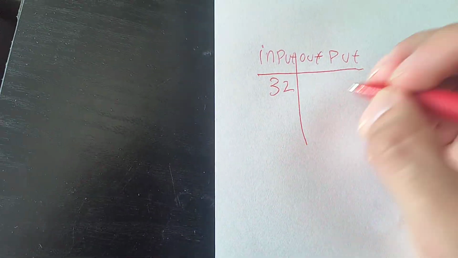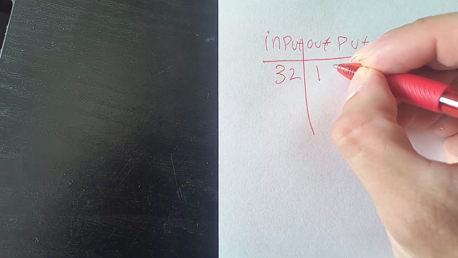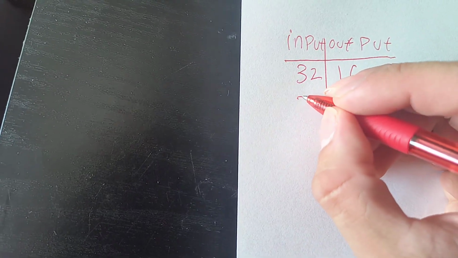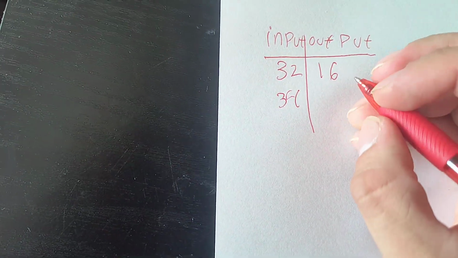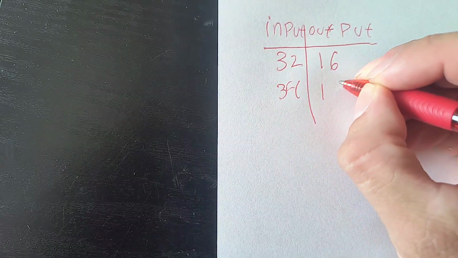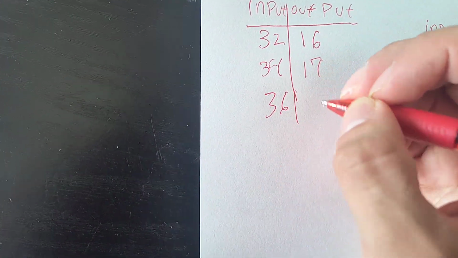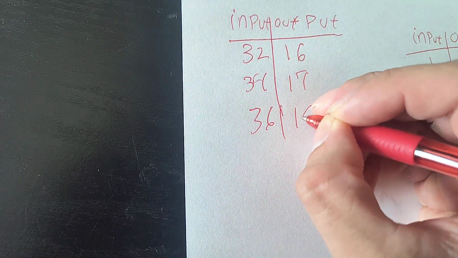We started with 32. 32 divided by 2 is 16. And then let's say we use 34. 34 divided by 2 is 17. And then we use 36. 36 divided by 2 is 18.